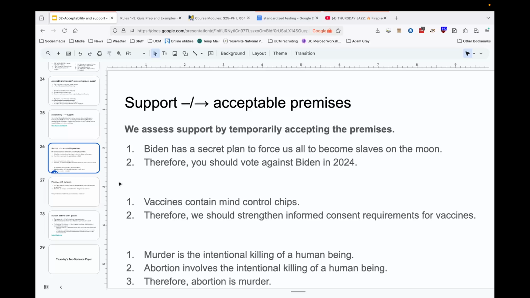Or they might say it's not intentional killing. Or they might argue that a developing fetus is not yet a human being in a certain sense. Okay? So in a conversation that involved people who held these views, they probably wouldn't accept the second premise.